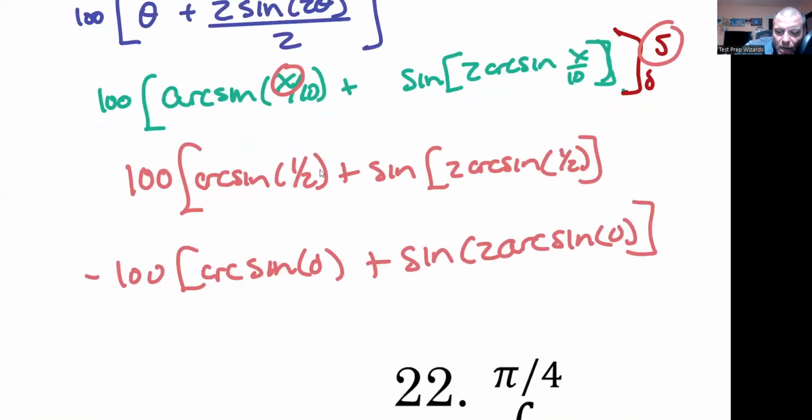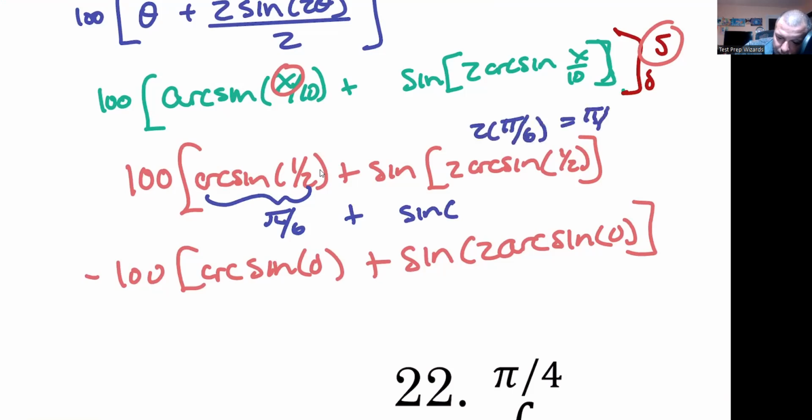Right, so the arc sine of 1/2, what value, how many radians give us 1/2? This is going to be pi over 6 plus the sine of 2 times pi over 6. So 2 times pi over 6 would be pi over 3.